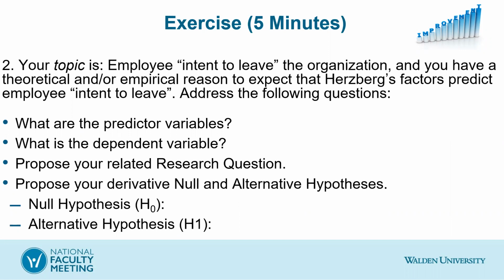The proposed null and alternate hypothesis: there is no significant relationship between the 3 independent or predicted variables and employee's intent to leave. And the alternate, there is a significant relationship between recognition of one's achievement, opportunities to do something meaningful, work conditions, and employee's intent to leave. Next slide.